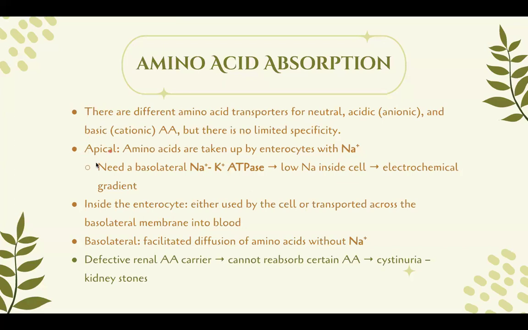Now, at the apical side, we have this uptake of amino acids that uses sodium. And what does that mean? It means that we need a sodium potassium ATPase on the basolateral side, to keep the sodium inside the cell low and give us this electrochemical gradient so that we can take up amino acids.